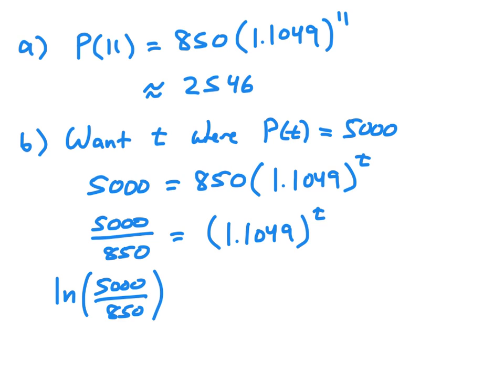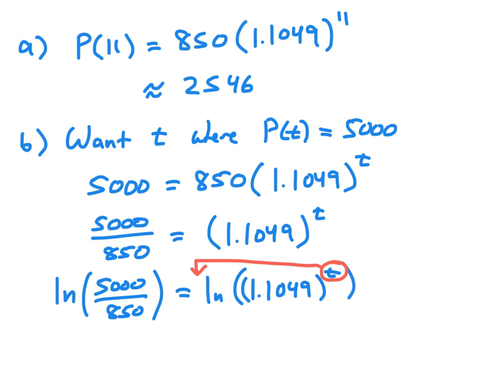So we'll have natural log of 5,000 over 850 equals the natural log of 1.1049 raised to the t power. And using a property of logarithms, we are able to take this exponent of t out front and multiply by t. And now our variable is outside of our exponent.